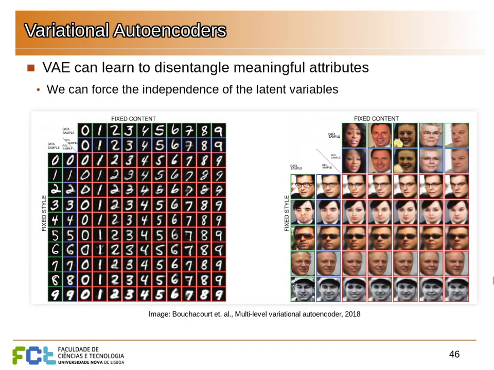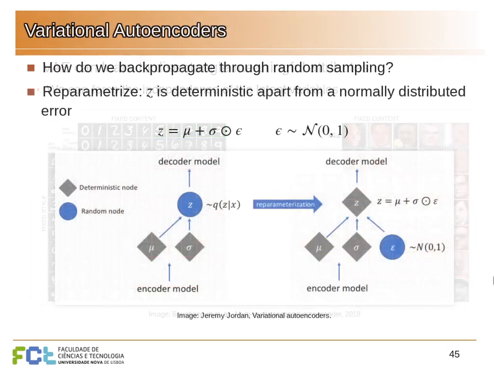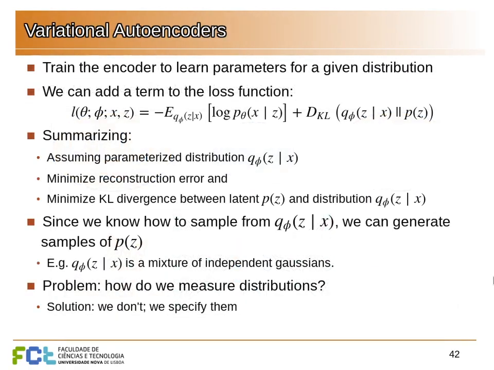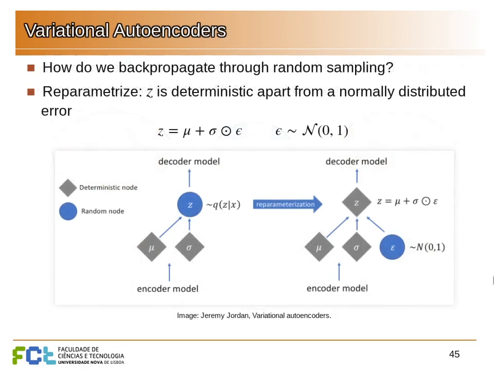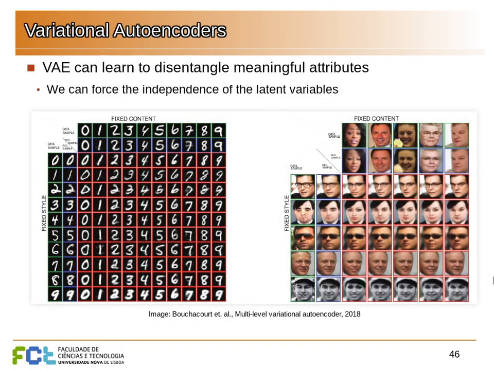And one interesting thing is when we combine those constraints on the probability distributions that we had here with some information about different classes and different types of examples, we can force the variational autoencoder to disentangle or to separate different aspects of the data. For example, this is trained with the MNIST dataset, which are these handwritten digits.